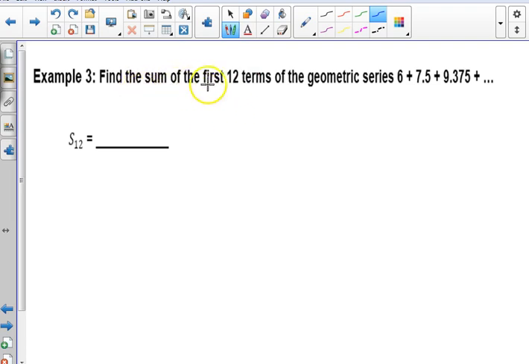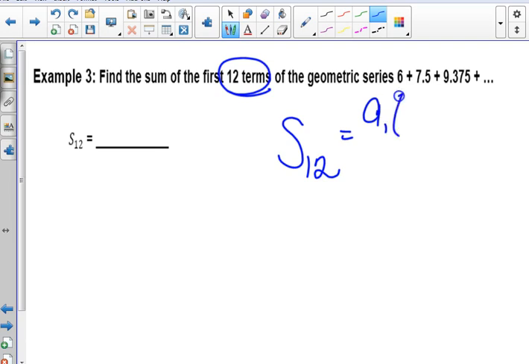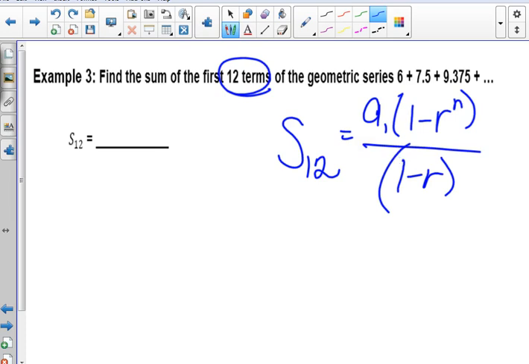Find the sum of the first 12 terms. That means it's finite. We want this sum of 12. Okay, the formula then would say the first term. This is interesting. We don't need to know the last term like we did before, right? It's just 1 minus r to the n, and it's also not n minus 1. Do you notice it's n over 1 minus r? Okay, what are we putting in? 6.